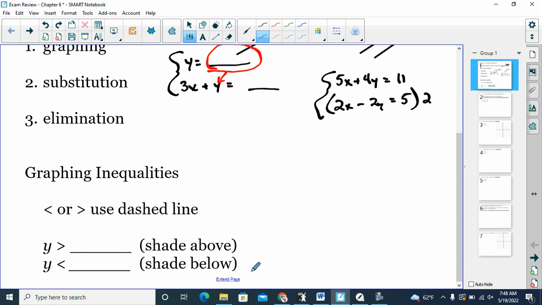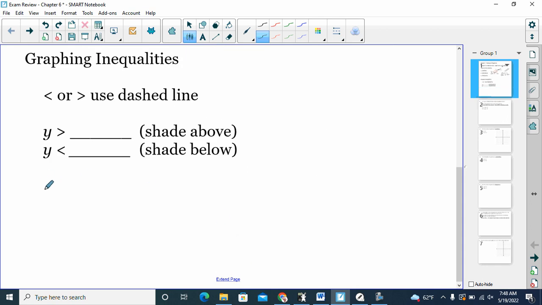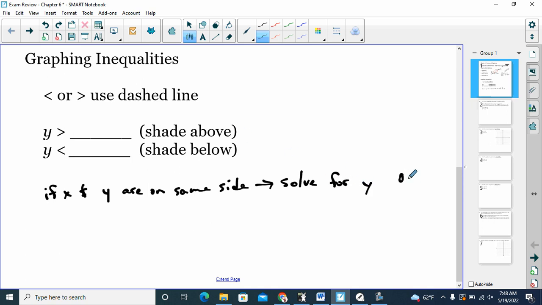If x and y are on the same side, we either need to solve for y so that we can use this method, or the other way we can do it is choose a test point. And we'll talk through that in a minute as well.